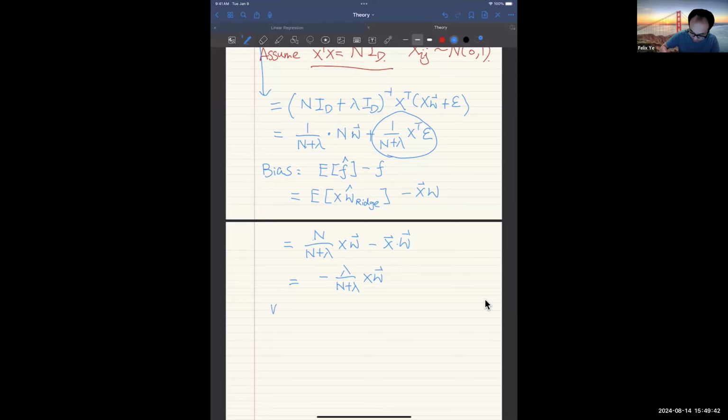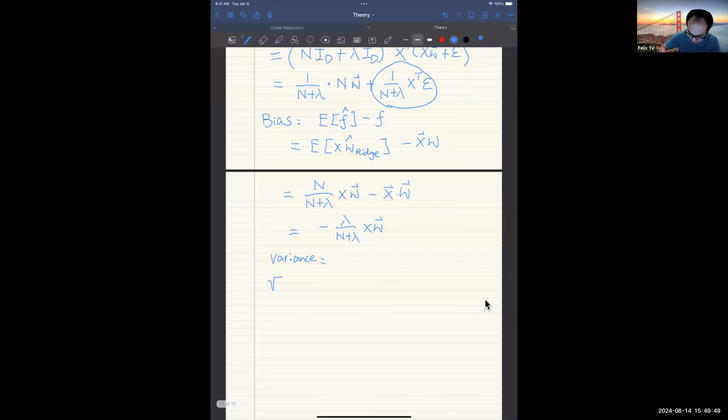Now the variance is the variance of x w hat ridge, which becomes x times the variance of w hat ridge times x transpose. We can plug in the variance of w hat ridge.